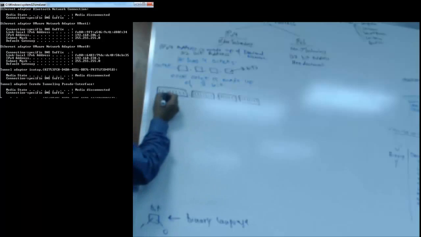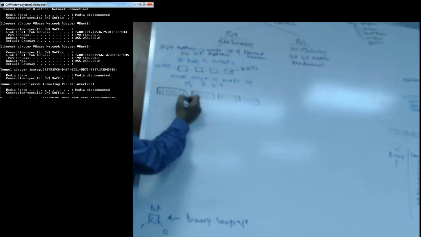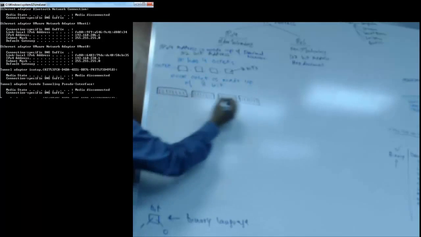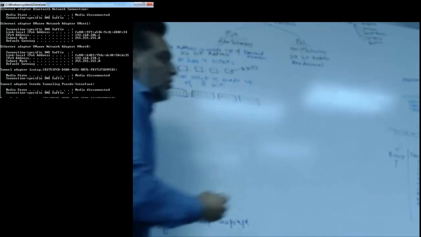Now let's go into more detail. Is there any meaning for these numbers, or for these bits? Yes, guys, there is a meaning for each and every bit inside this octet. So let's try to find out the meaning. Since it is a binary language, there is a value for each number.